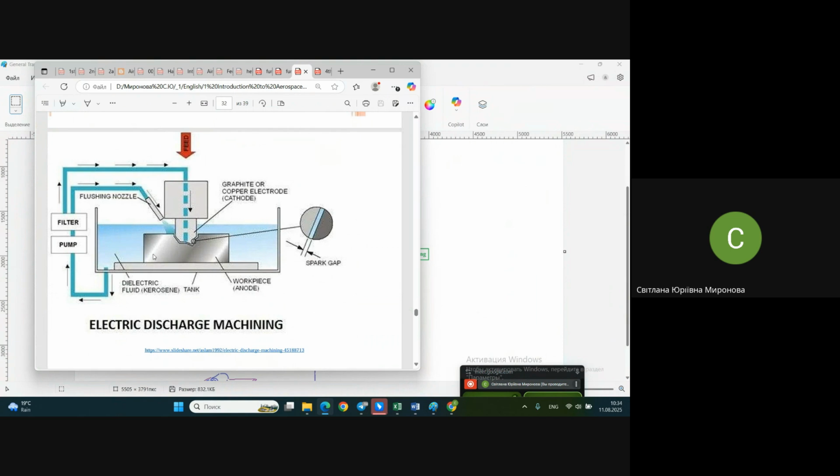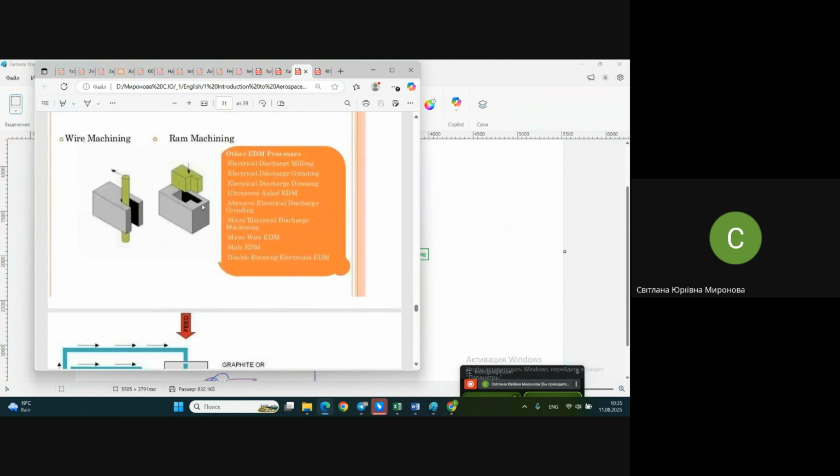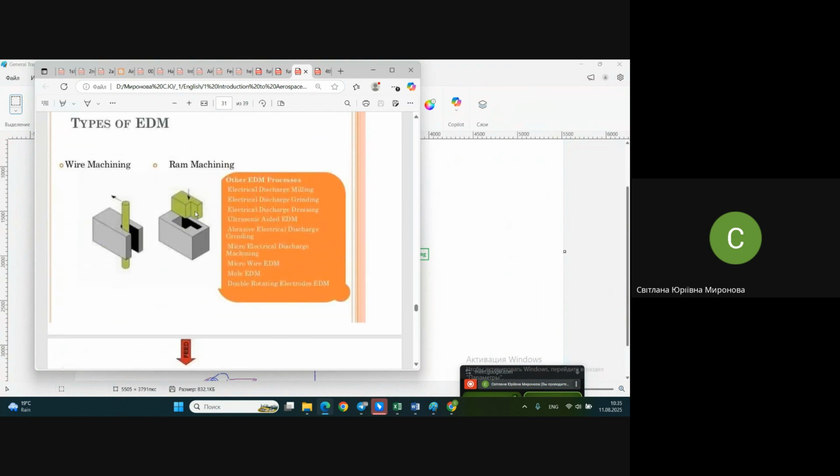And what is it necessary for? It's necessary to serve as a medium for providing the electrical contact. And here is the electrode, which completely repeats the shape of the cut or cavity you need to process.